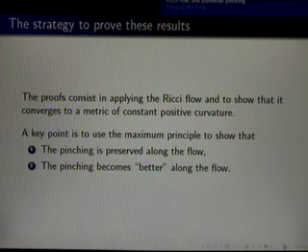It consists in applying the Ricci flow to the initial metric under the assumption of pinching on the curvature, to apply the maximum principle to show that the pinching is preserved along the flow, and to apply the maximum principle to show that the pinching becomes better and better along the flow so that it will converge to a metric of constant sectional curvature. So this was the strategy to prove all the results I stated before, with more and more difficulties to solve to get better results.